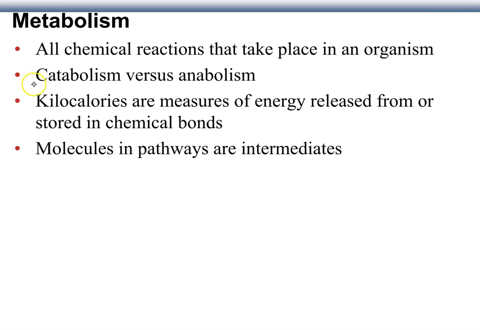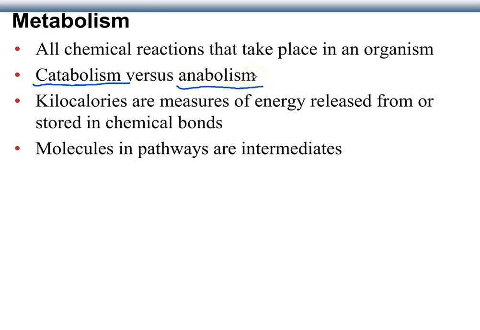So catabolic reactions, or here abbreviated as catabolism, that's the part of metabolism that generates products that have lower energy amounts than the original substrate molecules. So we're going downhill on the energy scale. A good example for that would be breaking down glucose to CO2 and water and gaining some ATP. That's catabolism for sure. Or also breaking down proteins into amino acids, or carbohydrates into simple sugars.